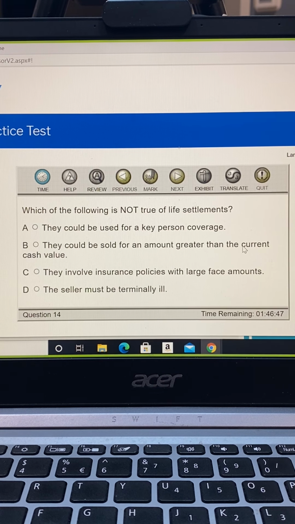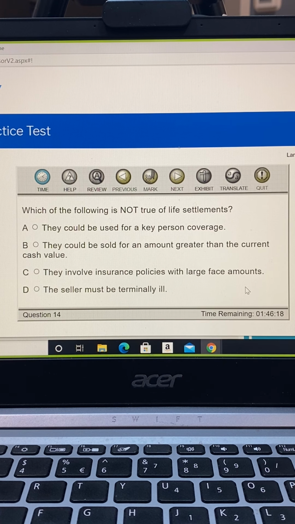Which of the following is not true of life settlement options? A settlement option is how the insurance company is going to pay the claim.